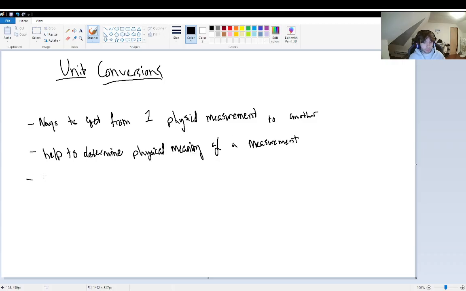They can also tell you unit analysis, which is a method to determine proportionality between measurements.